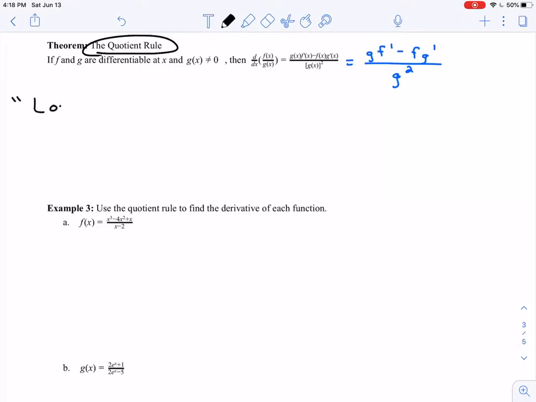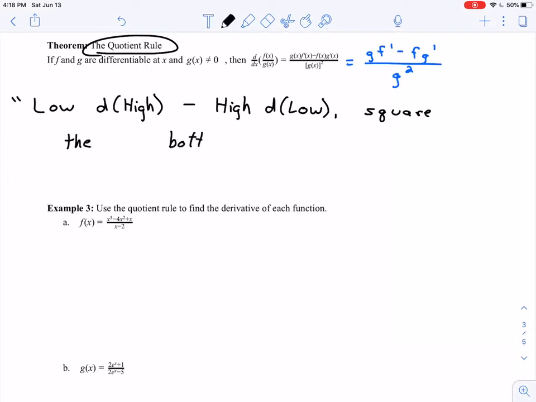It says: low d high minus high d low, square the bottom and away you go.